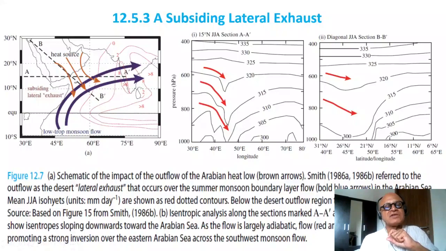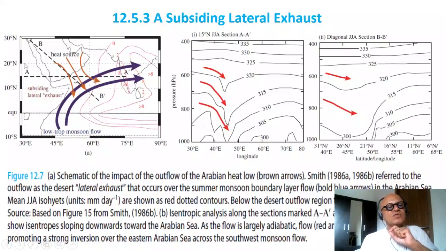So it's kind of interesting that the desert dynamics and the heating, because it's a desert, actually ends up modifying the monsoon dynamics. We'll look at the other interaction between the deserts and the monsoons in terms of how the monsoon heating itself will affect the desert.